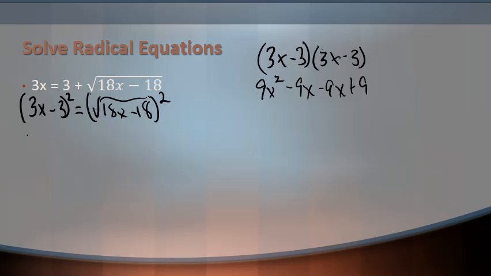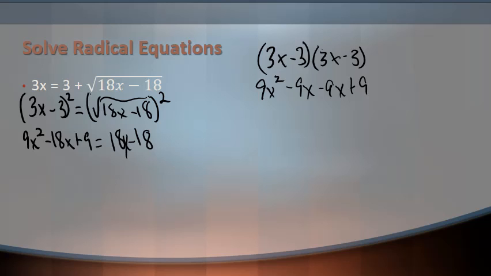All right, so now I got 9x squared minus 18x plus 9. And when I square the square root of 18x minus 18, I'm going to be left with 18x minus 18. Now, I better put an x in there.